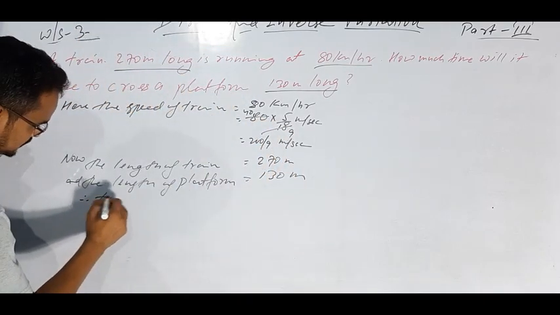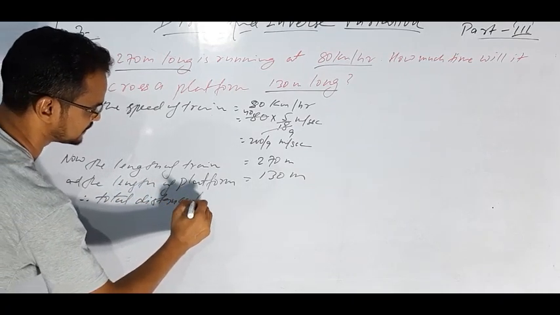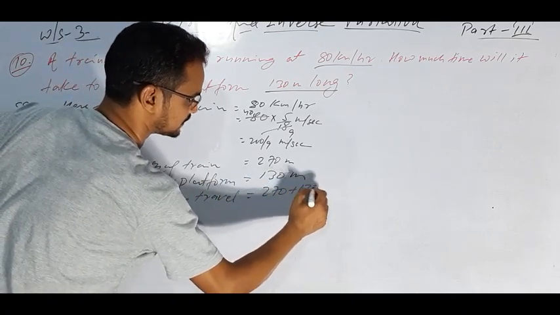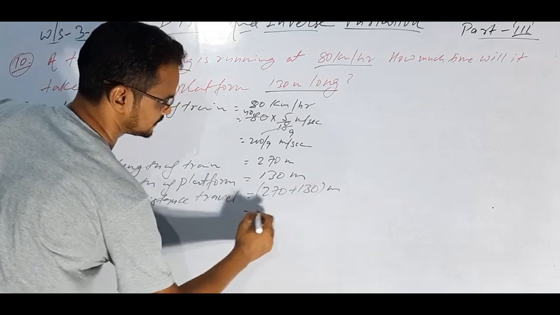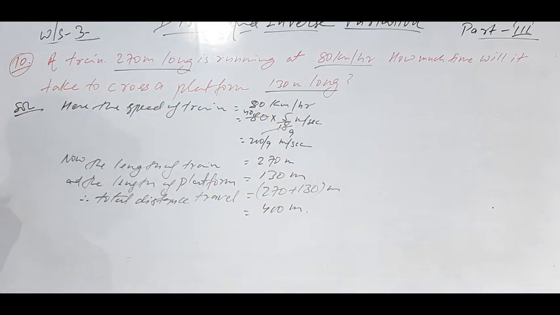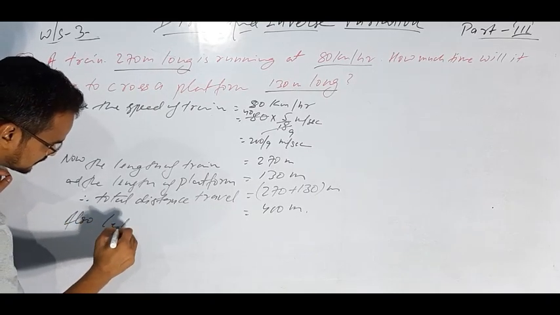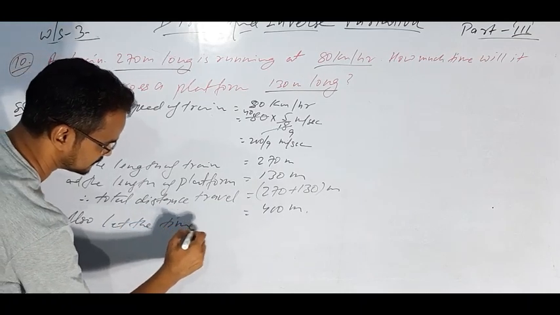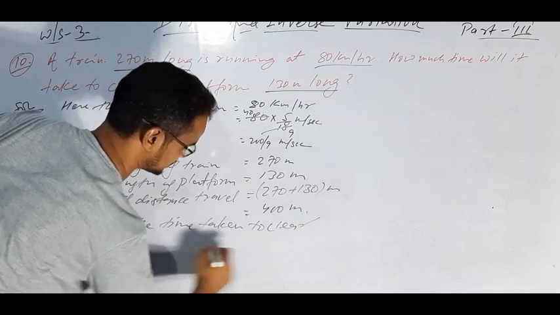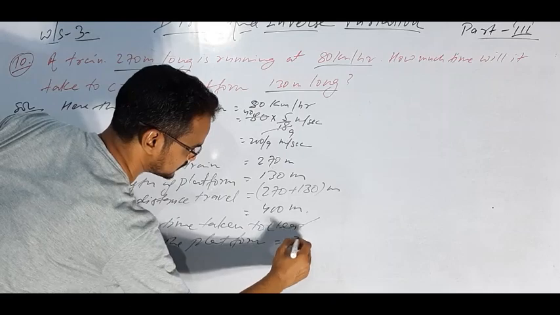Therefore, total distance travelled is equal to 270 plus 130 meter, that is 400 meter. Is it clear? We have to find the time. Let the time taken to clear the platform be x seconds.